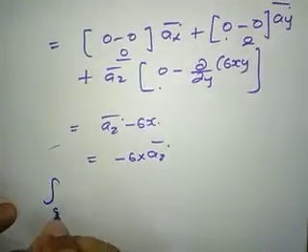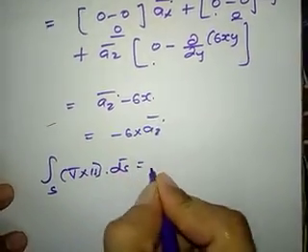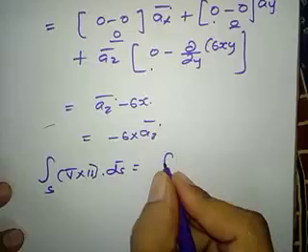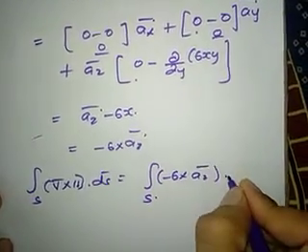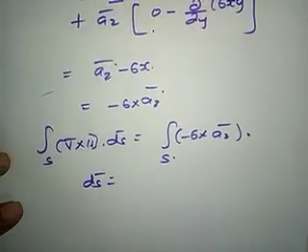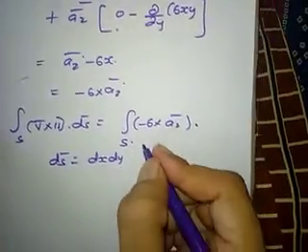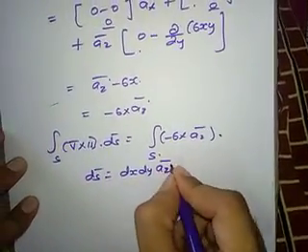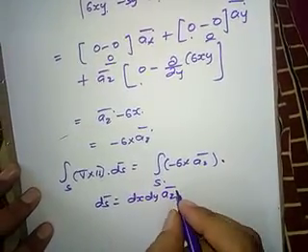So that is surface integral del cross h bar dot ds bar. This is equal to surface integral of minus 6x az bar dot ds bar. What is ds bar here? Area is x into y, dx into dy into az bar. Okay, normal to z direction, so it is az bar dot az bar.